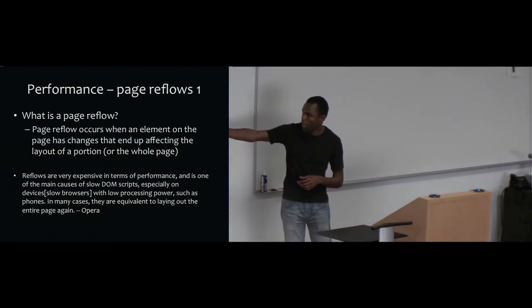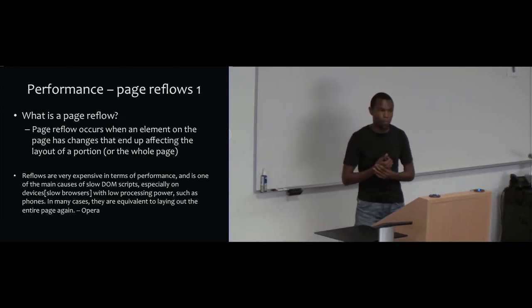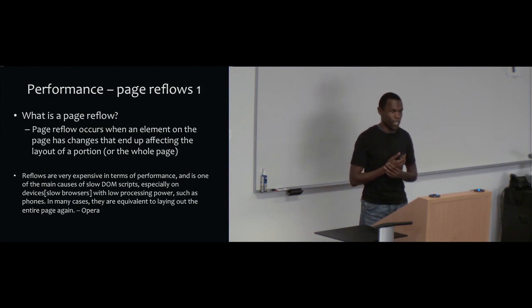And on top of that, I added in slow browsers. So if you look at or not optimize JavaScript in older browsers, say IE 6 or 7, you'll see that rendering is a lot slower. So I want to try to avoid that.